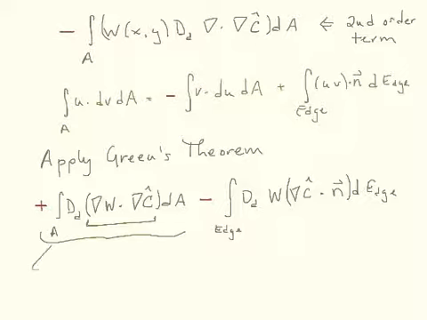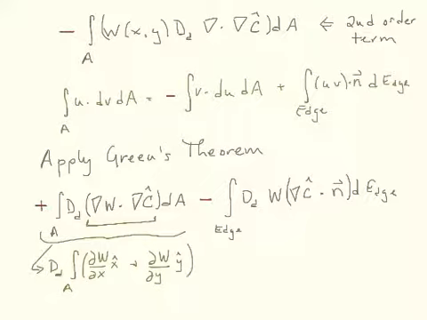This term becomes D sub d integral over A of dw dx times x hat, the unit vector in the x direction, plus dw dy, y hat, the unit vector in the y dimension, dotted with dc hat dx, x hat, plus dc hat dy, y hat, dA.